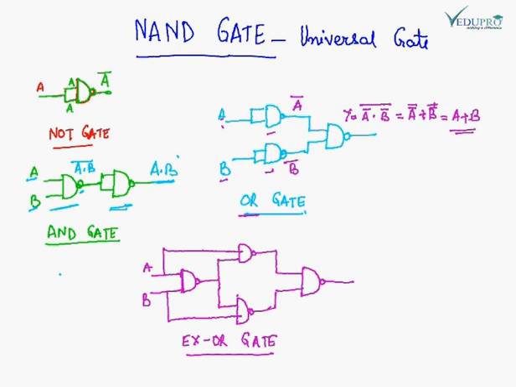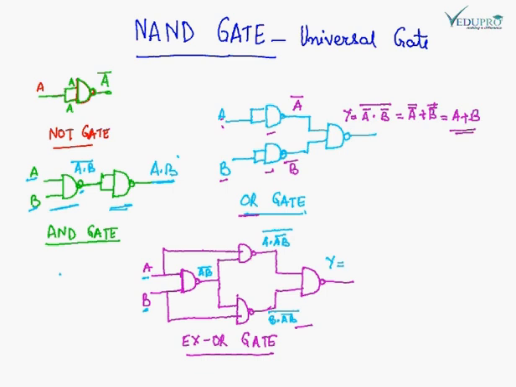This is an XOR gate which is implemented using NAND gates. A and B are the two inputs here. Here the output of this gate will be A dot B slash. The output here will be A dot A B slash, and here it will be B dot A B slash.